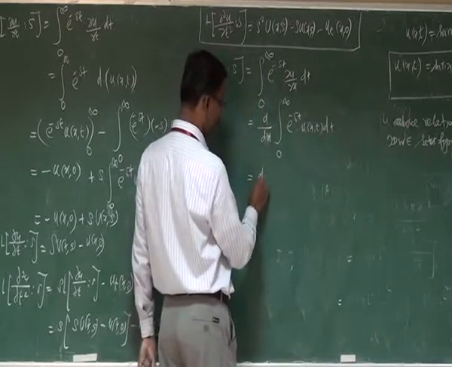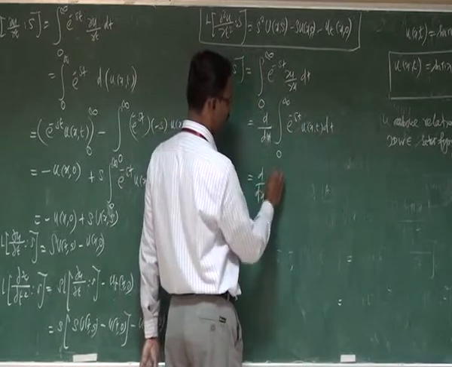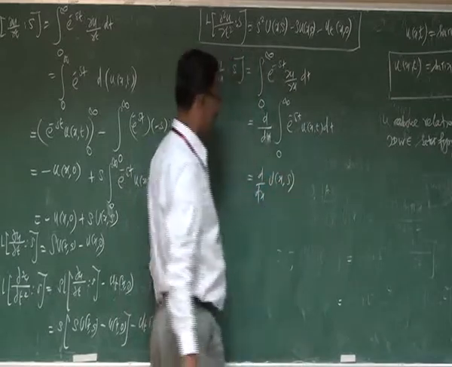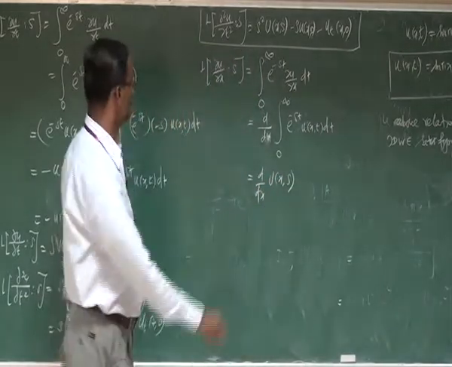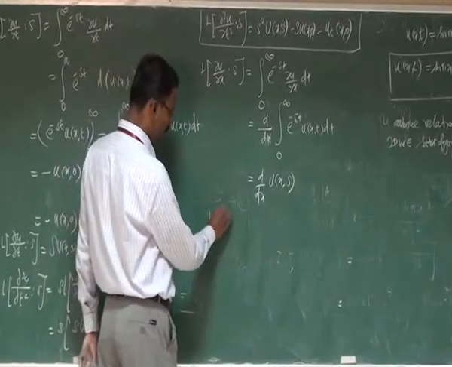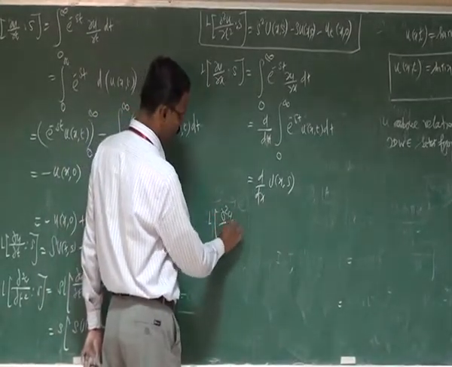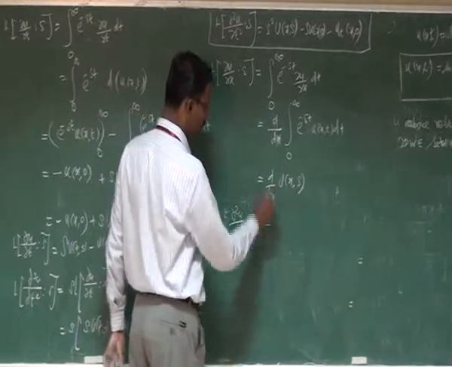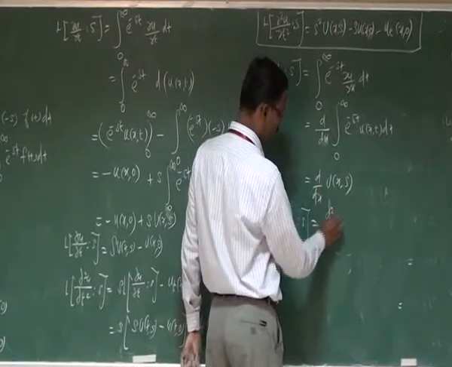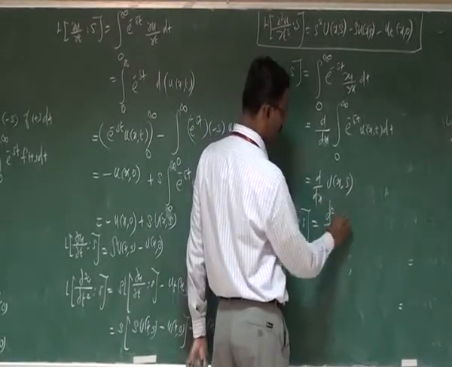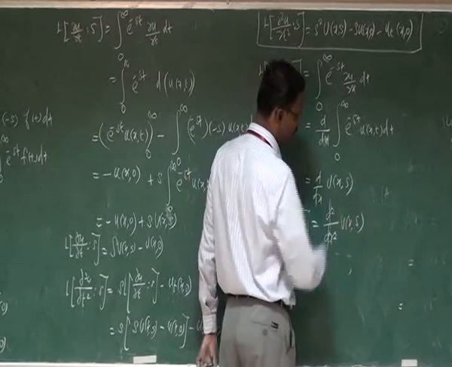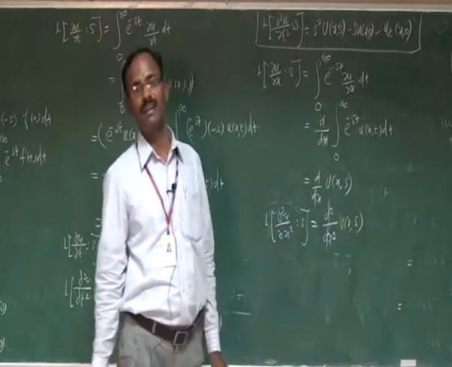So it is equal to d by dx of U of x comma s. Similarly, the Laplace transform of dou square u by dou x square is simply written as d square by dx square of U of x comma s.